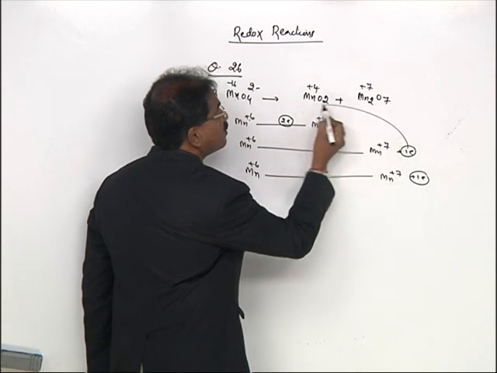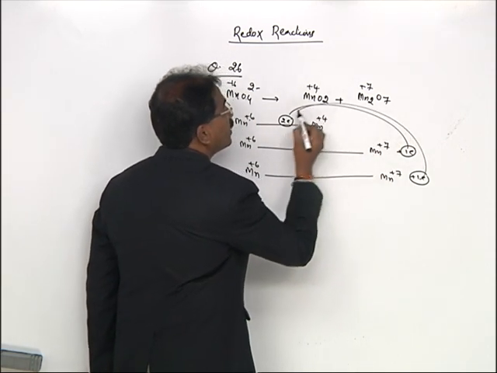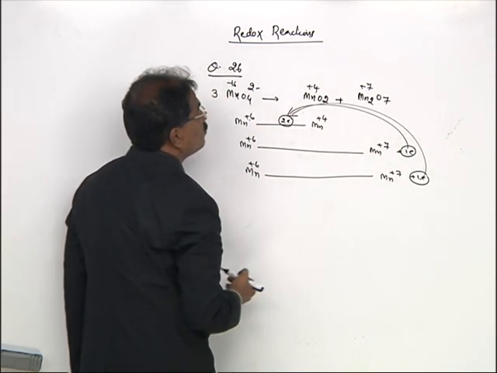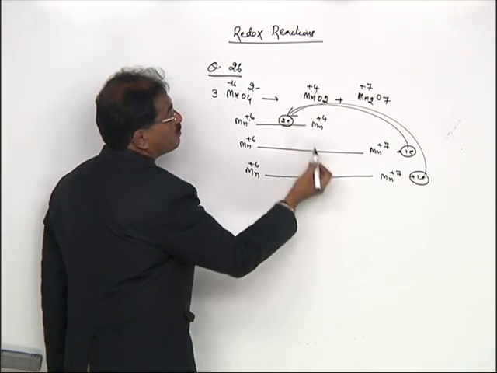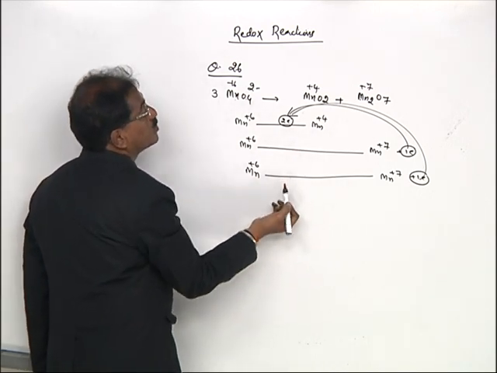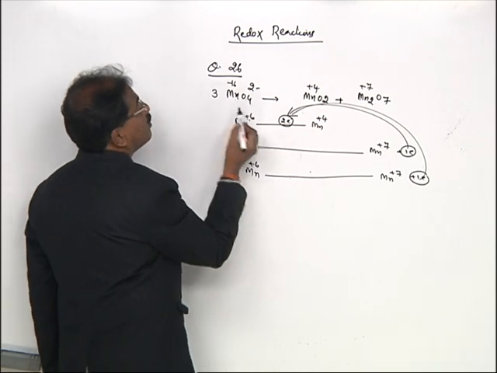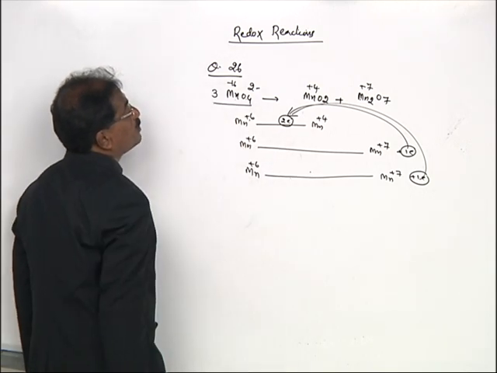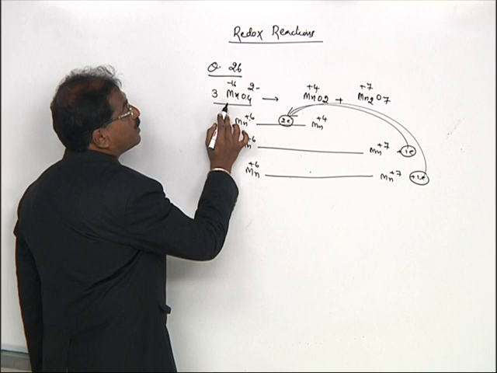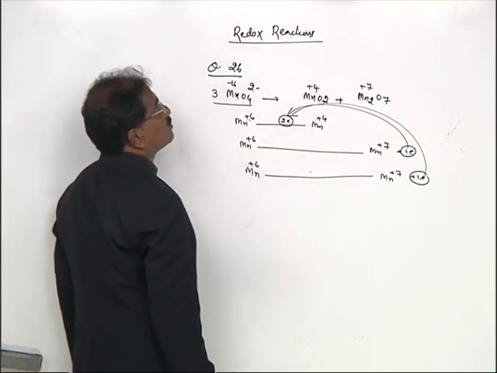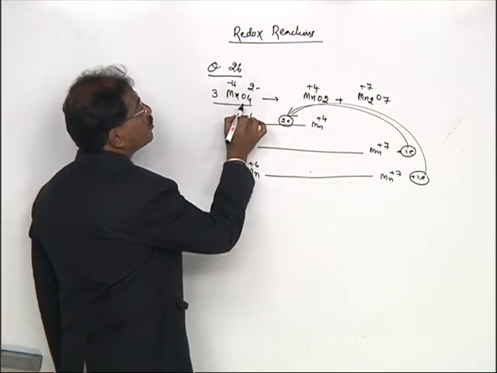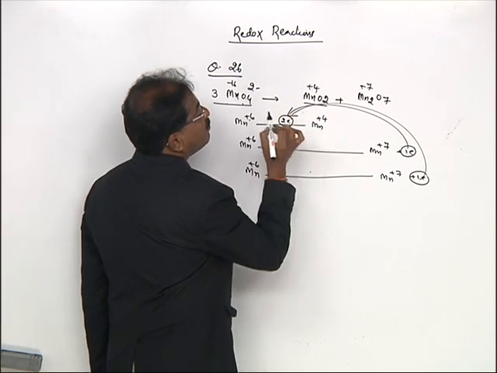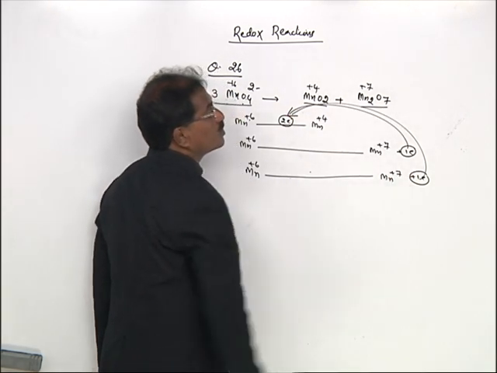These 2 electrons are being absorbed into the other manganese atom. Therefore, totally 2 moles of electrons are being exchanged, but how many moles of MnO4 2- is participating? 3 moles is participating, 2 moles of electrons are exchanged. For 3 moles of MnO4 2-, it will produce 1 mole of MnO2 and 1 mole of Mn2O7.